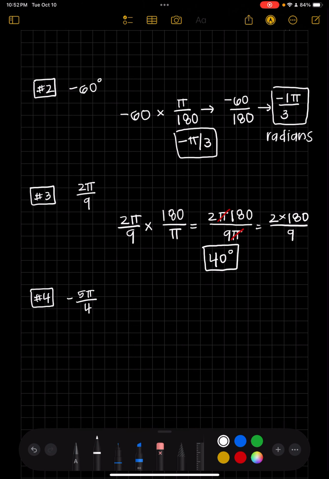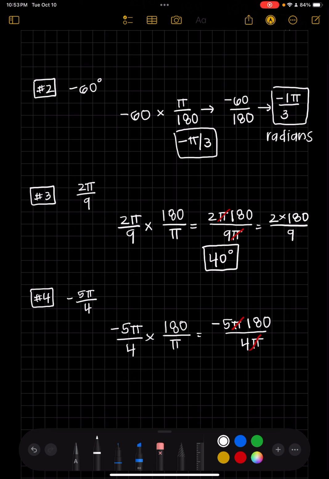We're going to convert negative 5 pi fourths to degrees. So I'm going to do the radians, which is negative 5 pi fourths, times 180 over pi. Once again, when we multiply, we're just doing tops, tops, bottoms, bottoms. So I would have negative 5 times pi times 180 over 4 times pi. Because I have a pi on the top and a pi on the bottom, those things cancel out.